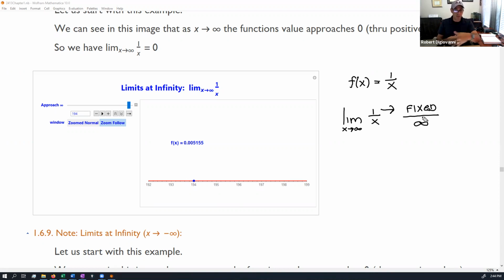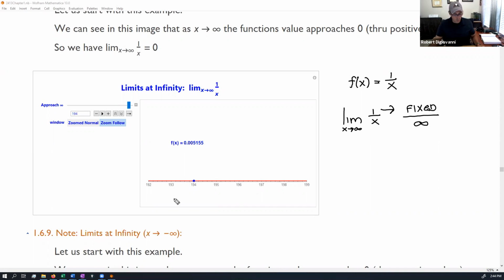Just in the section right before this, we had a fixed number and the number on the bottom was getting small, going to 0, and that ratio became huge. But now we have a fixed number over something that's getting big, so that ratio should become small. Those are almost like inverses of one another. Fixed on top, bottom goes to 0, ratio becomes infinite. Fixed on top, bottom gets big, ratio gets small.